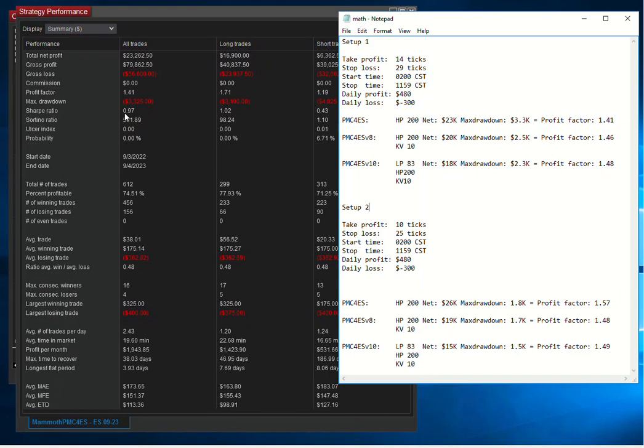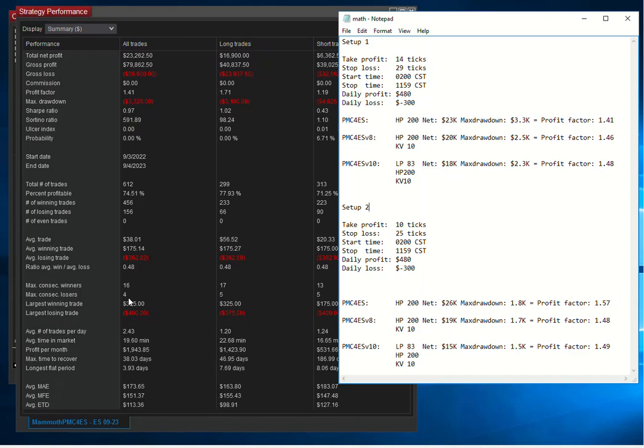Now there are some other factors you wanted to see. The number of trades for this is 612, and percent profitable is 74.51%. The max consecutive losers is 4. So 4 means that you have 4 losers in a row.